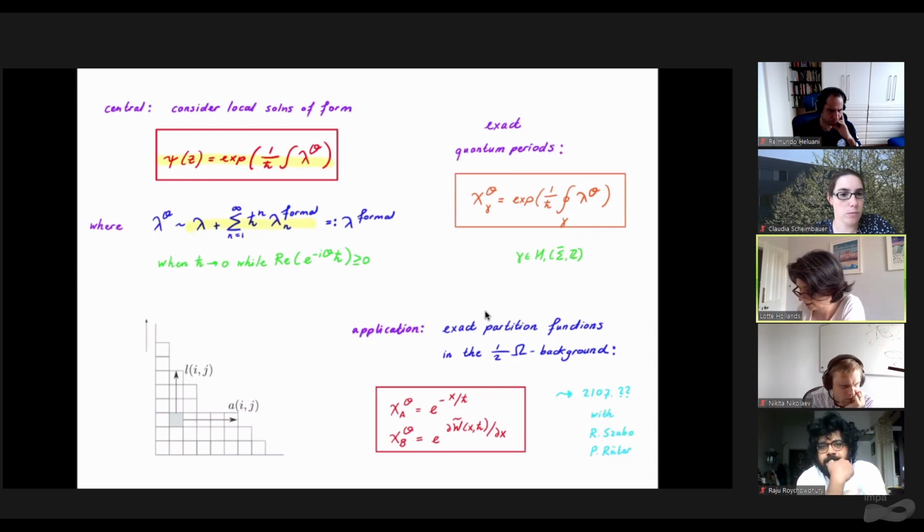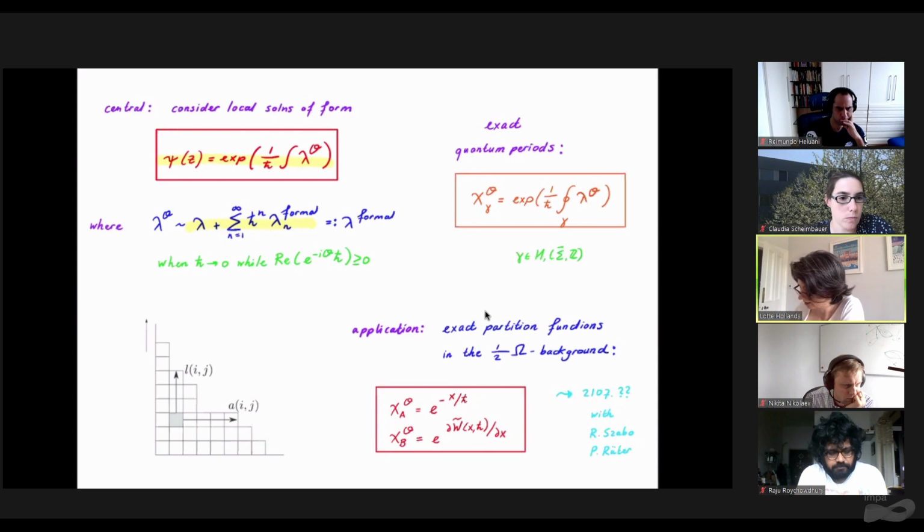So the statement of exact WKB is that these differentials lambda theta can actually be found in an exact form, and that they will have an asymptotic expansion in terms of h bar when h bar goes to 0 in a certain half plane, which is centered around theta.